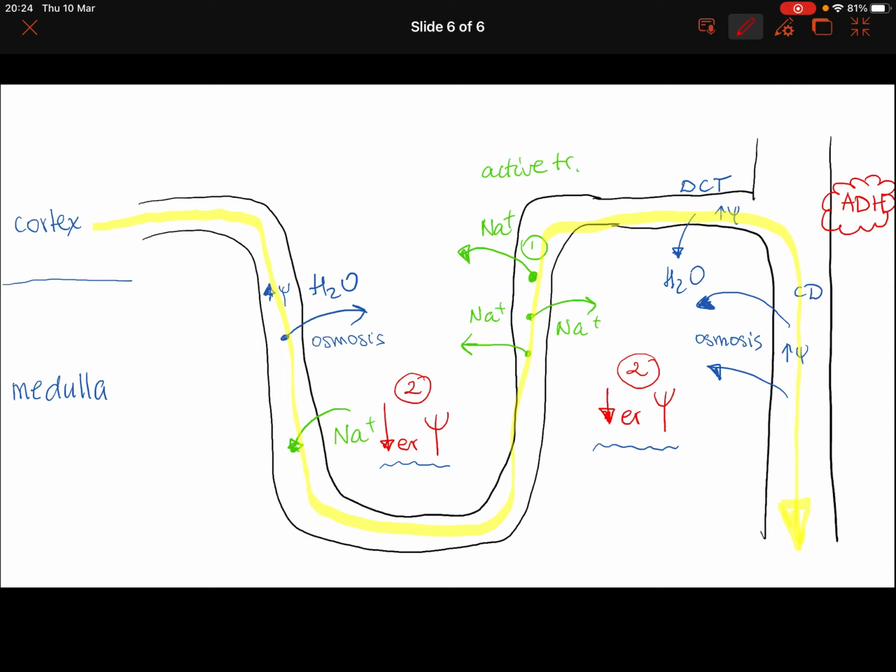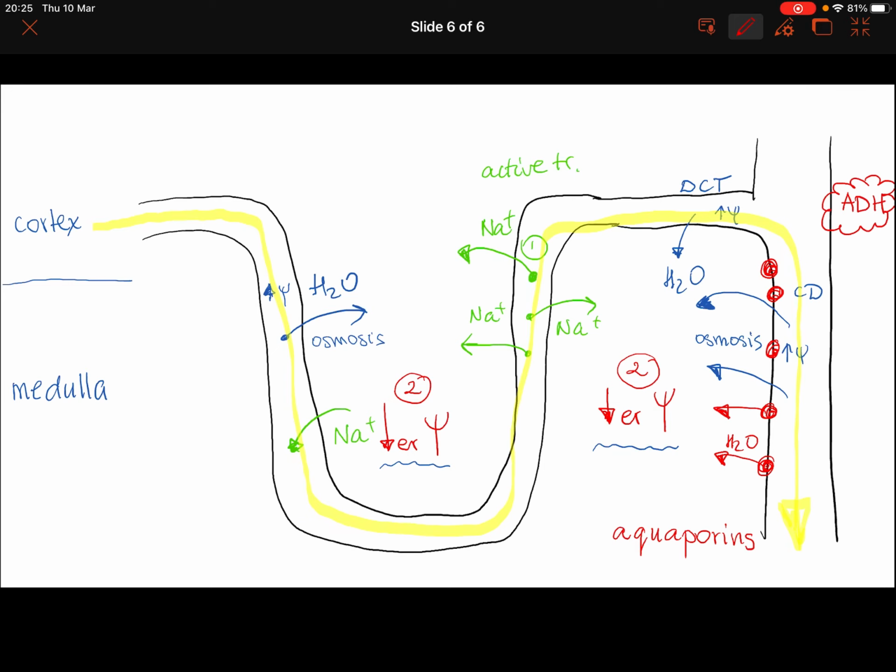What the ADH will do, it will make the walls of the collecting duct more permeable to water, doing so by making kind of holes in the collecting duct, which we call aquaporins. So the water can be reabsorbed even more.